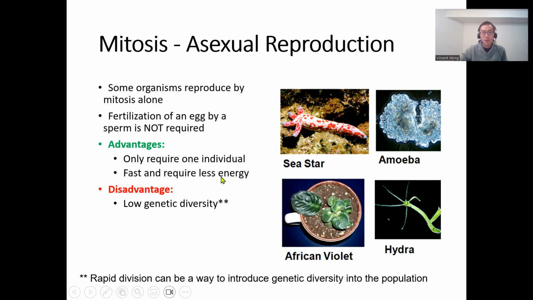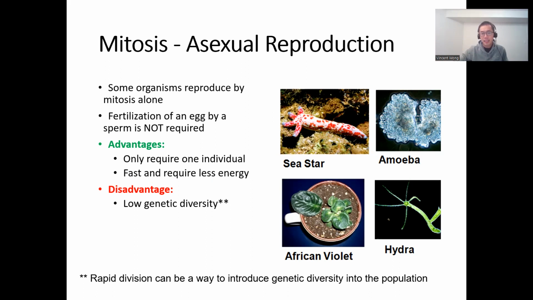It's fast and it requires less energy. Did you know if you take a sea star, a starfish, and you break off one of the arms, that arm can grow into another starfish? So you end up with two starfish that are clones of each other. That's how they reproduce. Amoeba, a lot of these single cell organisms that live in ponds, are perfectly happy to clone themselves.